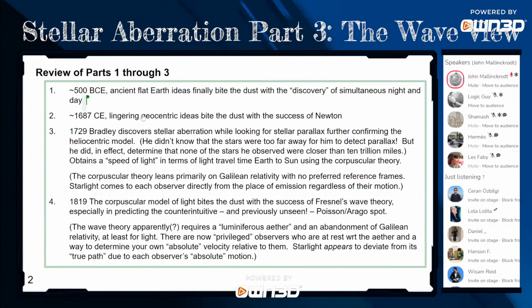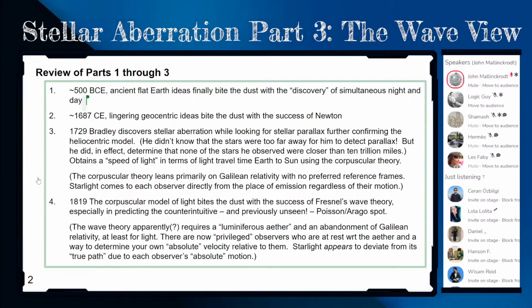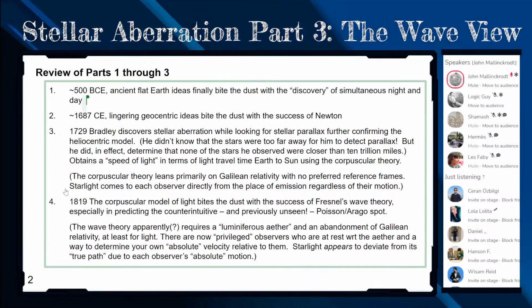But that was a huge pill to swallow, unlike the flat Earth, which, as I said, as soon as we knew there was night and day at the same time at different places, there was no way the Earth could be flat. So that was gone. But it was a much larger pill to swallow to imagine that the Earth wasn't at the center of the universe, because among other things, you had to explain gravity, etc.